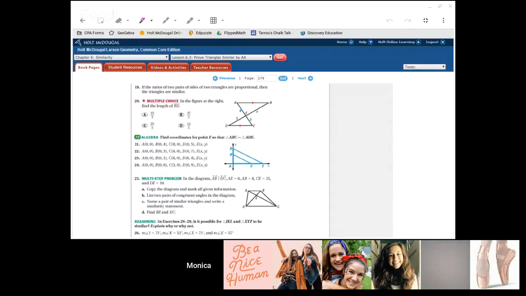Okay, so which angles do you have that are similar to each other then? Okay, the vertical angles, but in order to say that those are similar, you've got to have another angle that's congruent also, right?